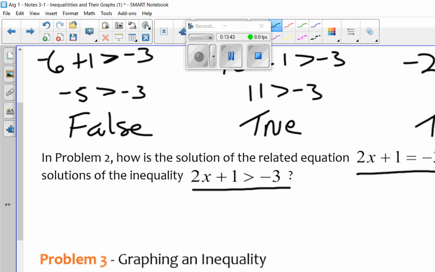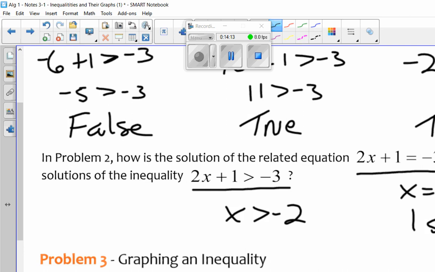Just really quickly, if I solve this first one for x, I get x is equal to negative 2 if I do all my math. Well, how many answers did I get? I got one solution, and that's it. If I go and solve this inequality, I'll get the same answer, but it's greater than negative 2.